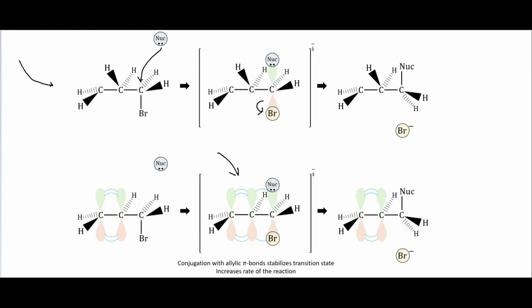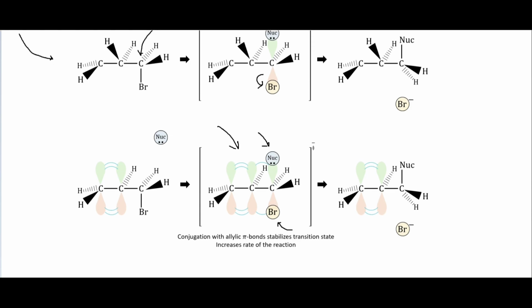While we are in that transition state where the nucleophile and the leaving group are both still bound to it, this hyperconjugation can actually stabilize that, and that can increase the rate of the reaction. So we can increase the rate of SN2 reactions on the allylic carbon.